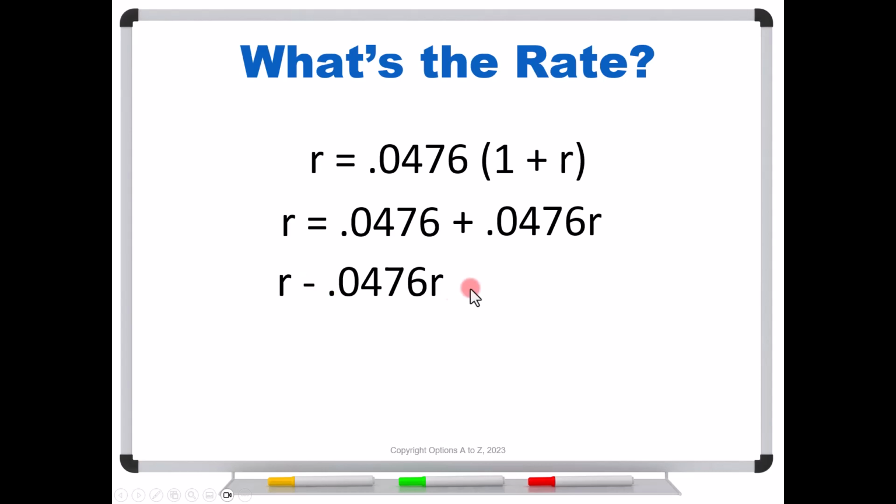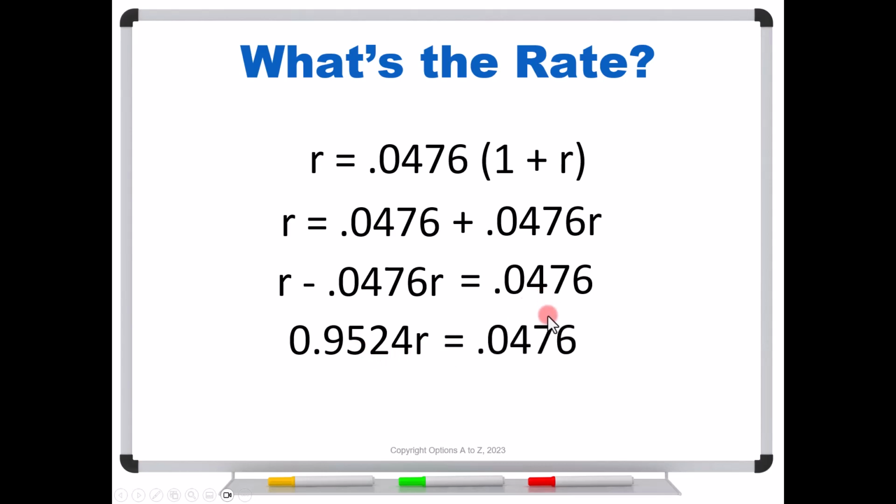All right, so that's going to be our new left-hand side, equals 0.0476. We take 1r minus 0.0476r, we get 0.9524r equals the right-hand side here, 0.0476. And if we take 0.0476 divided by 0.9524, we get a rate of 0.05 or 5%.